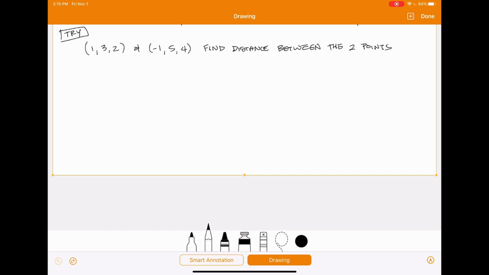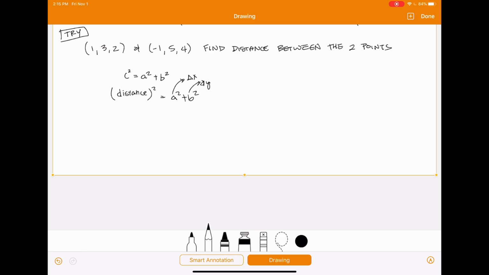C squared equals a squared plus b squared, where c was our distance. So distance squared equals a squared plus b squared. Now a and b were the sides of our triangles, which if you recall was the change in x and the change in y.